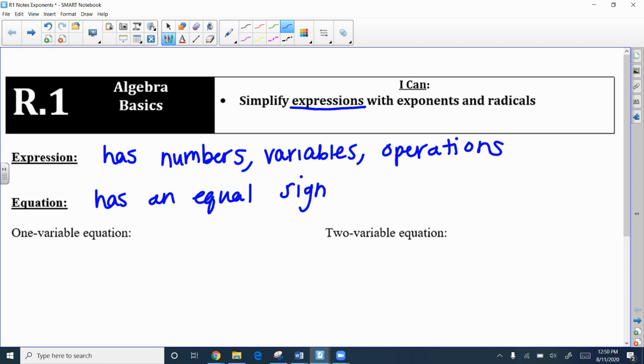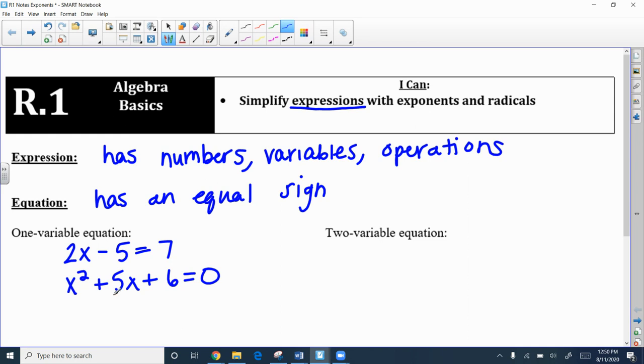Now, when we're dealing with equations, there's two types of equations. There's one variable equations. So they have to have an equal sign to be an equation. To be a one variable equation, it will just have one variable like x. So an example would be like 2x minus 5 equals 7. This would be a one variable equation. Or even something like x squared plus 5x plus 6 equals 0 is also a one variable equation.